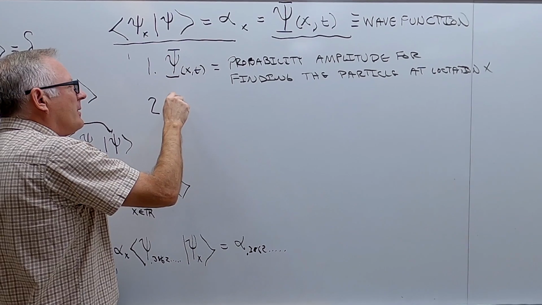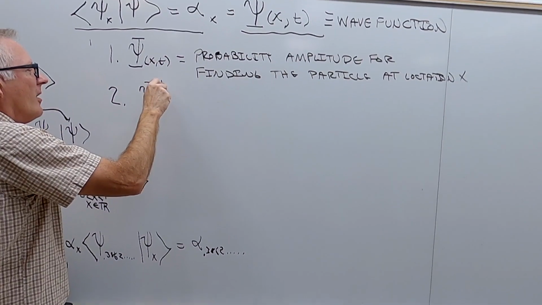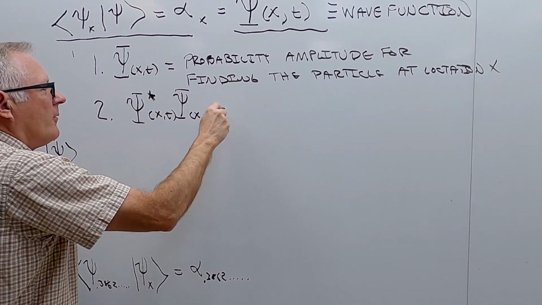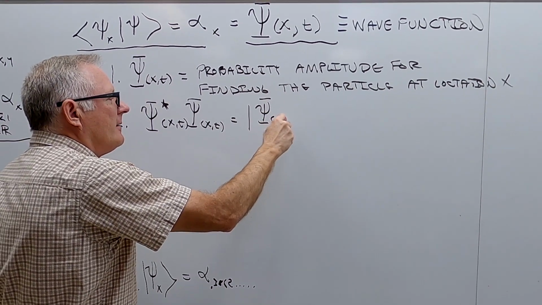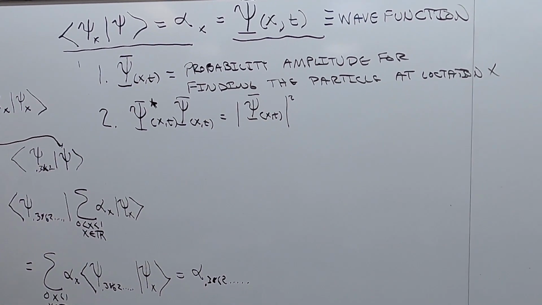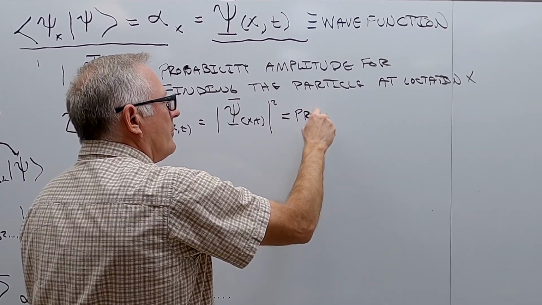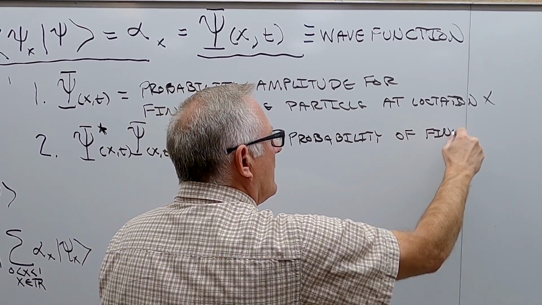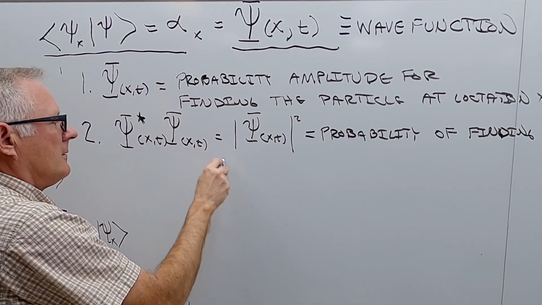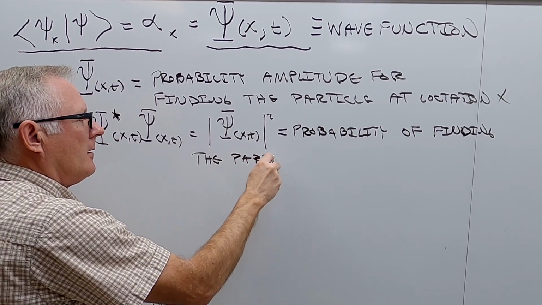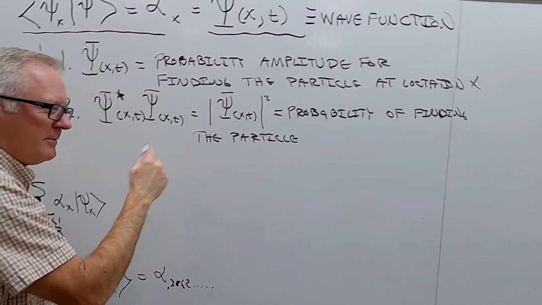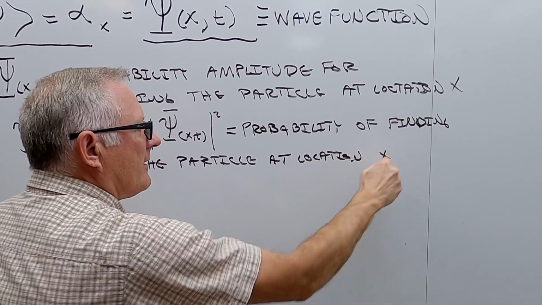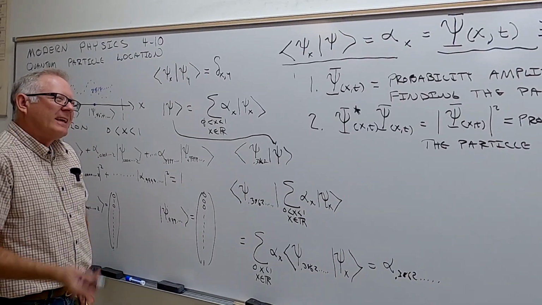If I multiply this by its complex conjugate, psi star of x and t times psi of x and t, or if I want to write it like this, the absolute value of psi of x and t squared, that's the probability of finding the particle at location x, and at time t, but let's not worry about that, at location x.